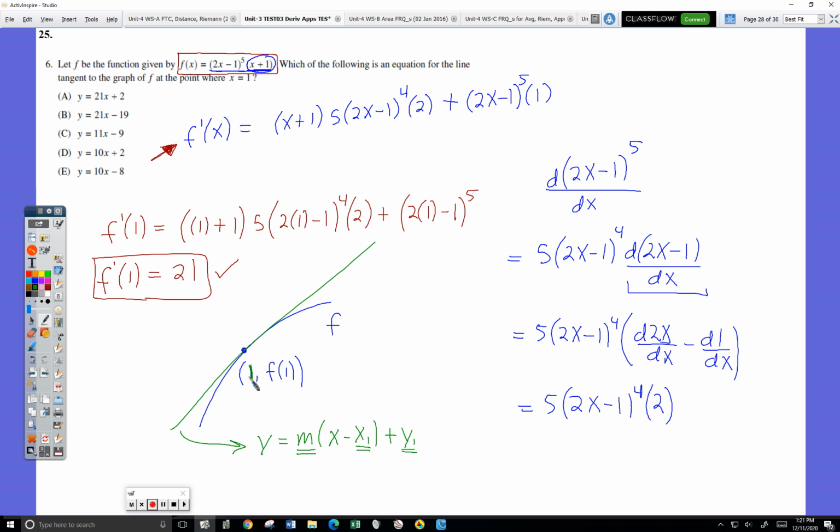Okay. So what's the y1? It's the y value at that point. Yep, so how do I find that? So you plug it into the function for f. Yeah, that's why I wanted you to write f of 1. So how do you find f of 1? I actually ended up doing that too. So I plugged in 1 to the function. Yep.